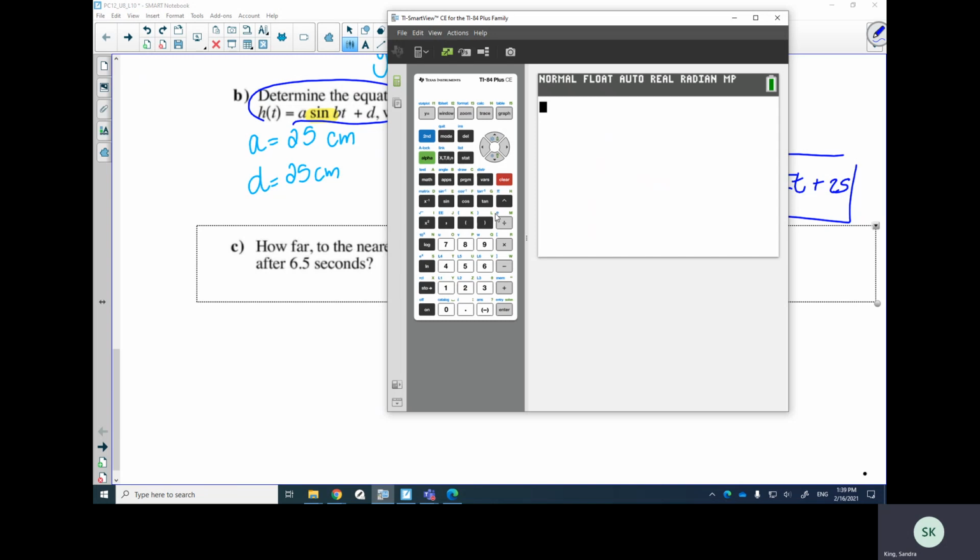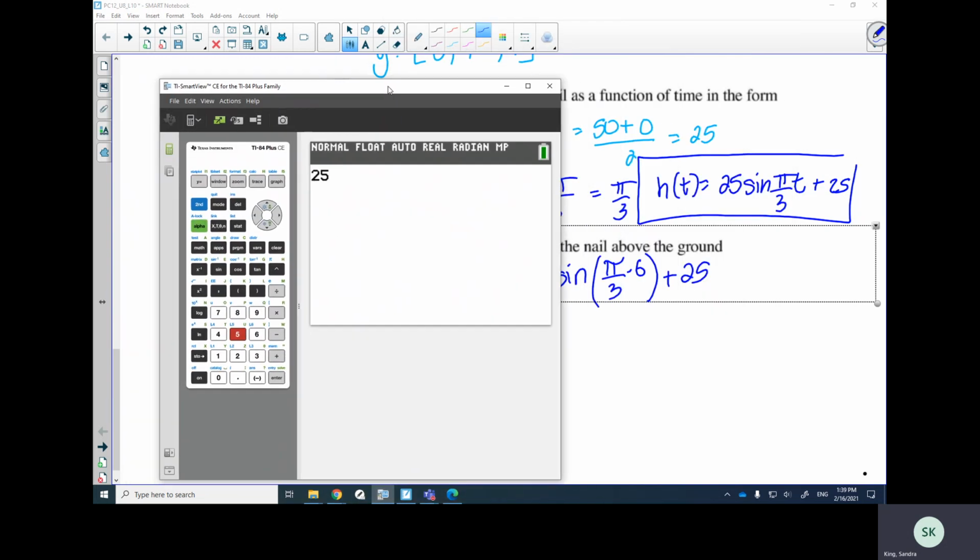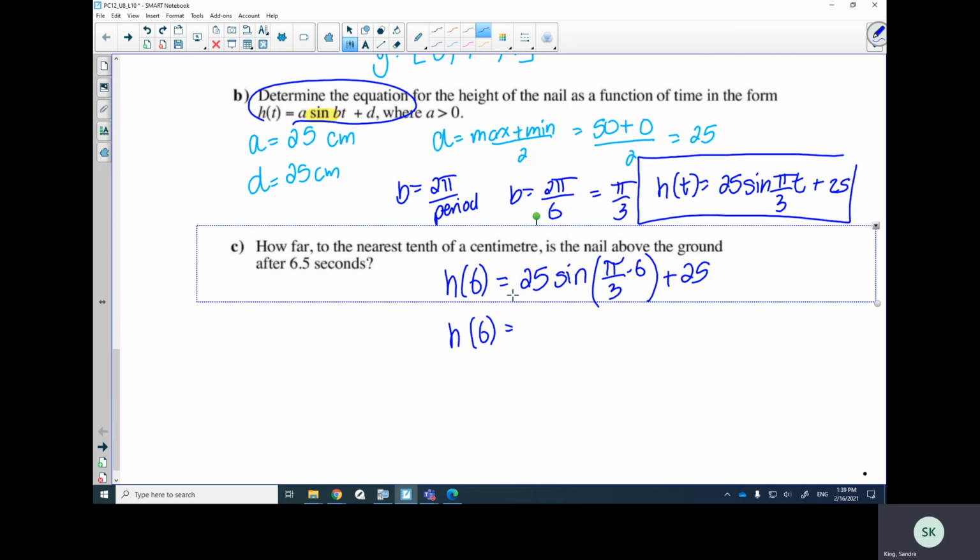Or I'll show you how you can enter it the other way. Thank you, that would change things. Yes, it's 6.5 seconds, that should be 6.5. Oh yeah, that's going to change this. Okay, let's enter it the other way.